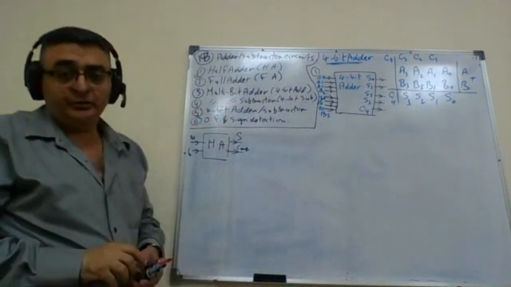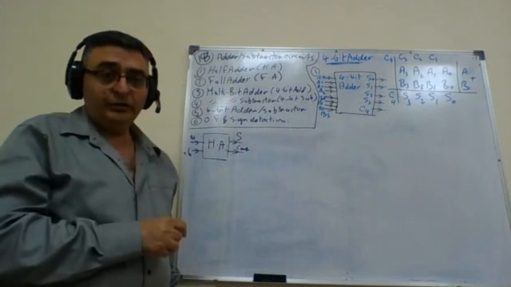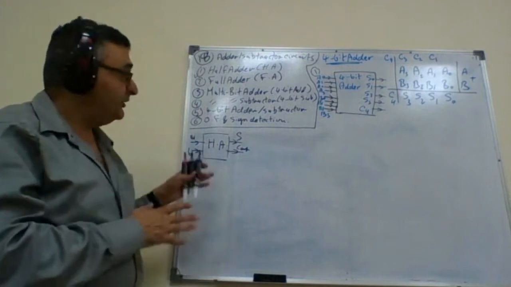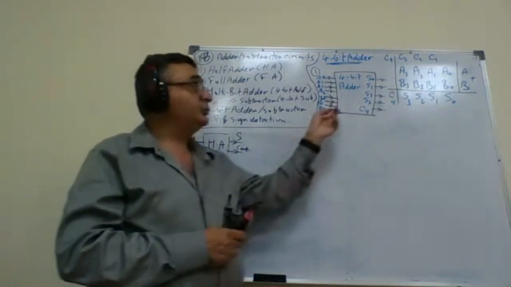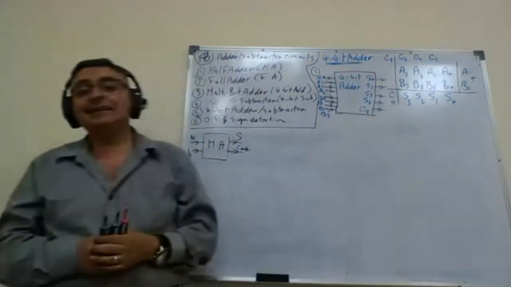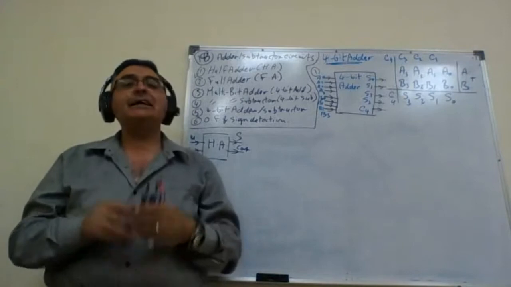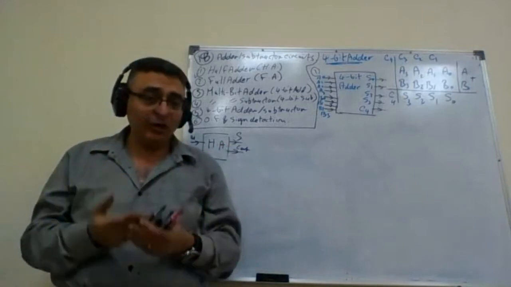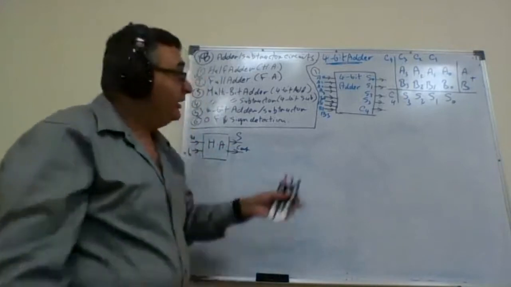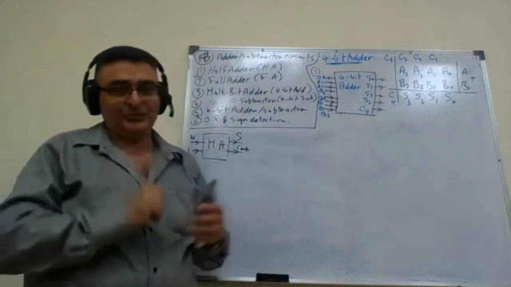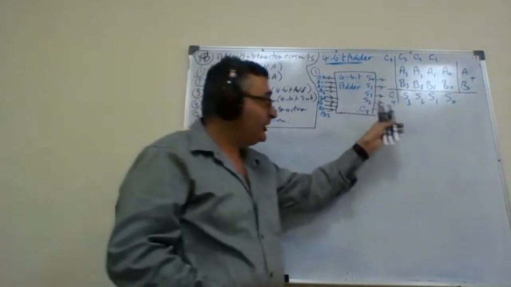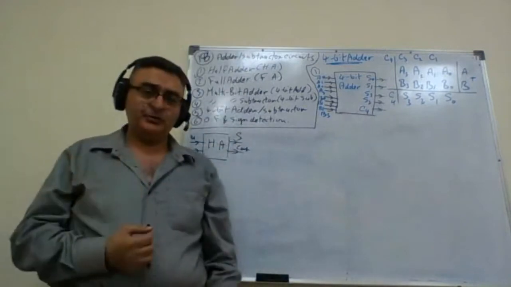The tough question here. Can we follow our standard steps that we have followed to build the half adder in order to build this block? The answer, unfortunately, is simply no. Why is that? Because this circuit has how many inputs? It has 8 inputs. How many outputs? It has 5 outputs.